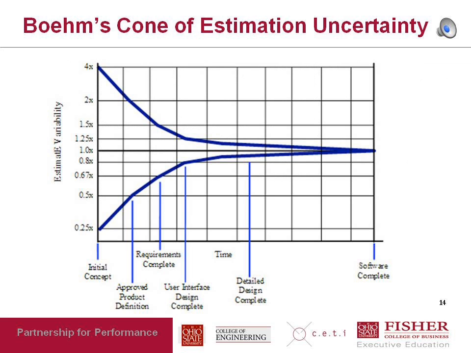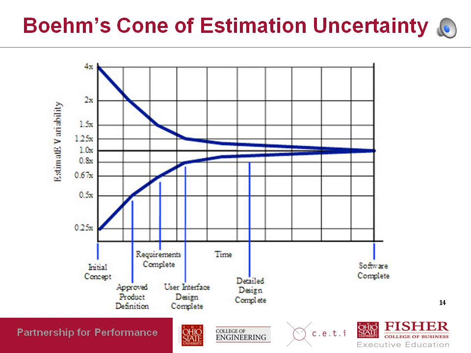This picture illustrates what I said on the previous slide, which was the fact that the uncertainty in estimation reduces over time. This picture is also known as the funnel curve for estimation, or Barry Boehm's cone of estimation uncertainty.